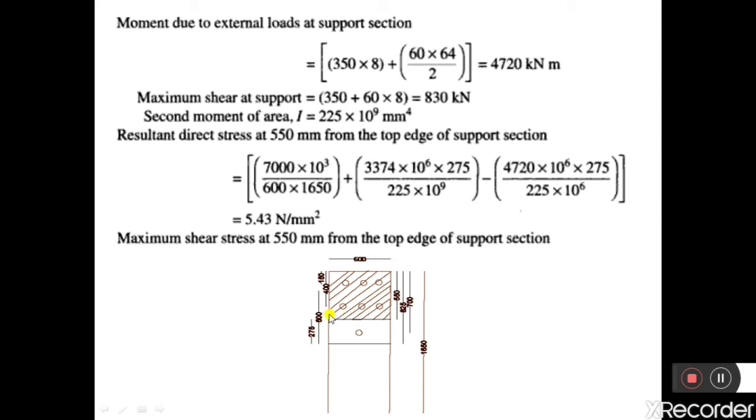And what they have given is we need to calculate the principal stresses at a distance of 550 millimeter from the top edge. So 550 millimeter means it is here, so we should calculate the stresses acting along this plane. This plane is at a distance of 550 millimeter from the top edge.